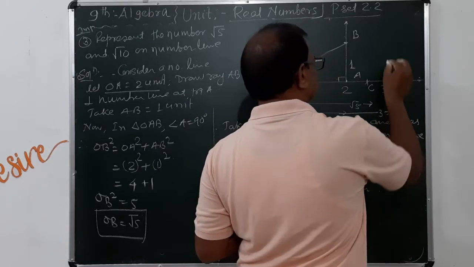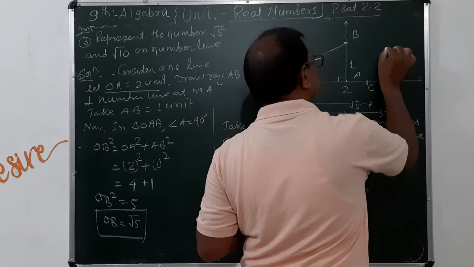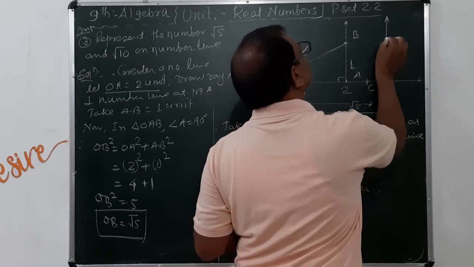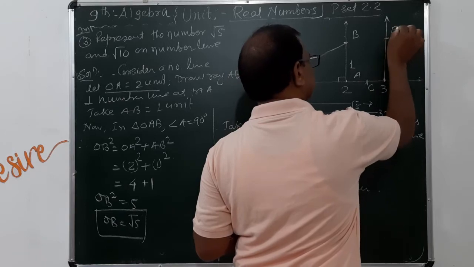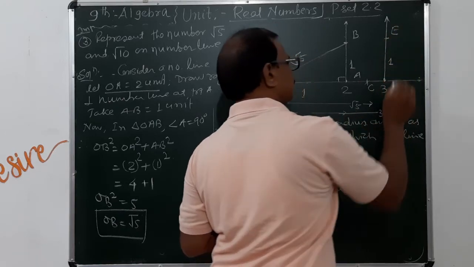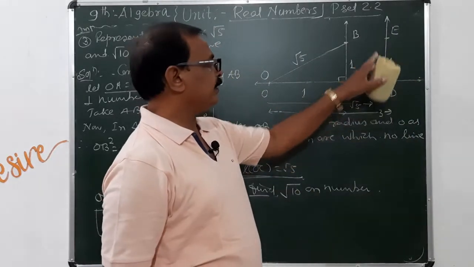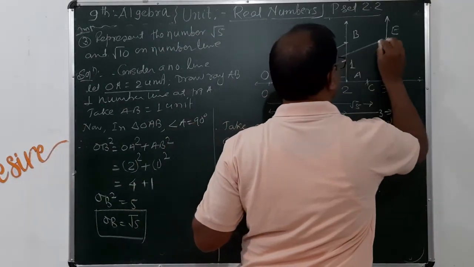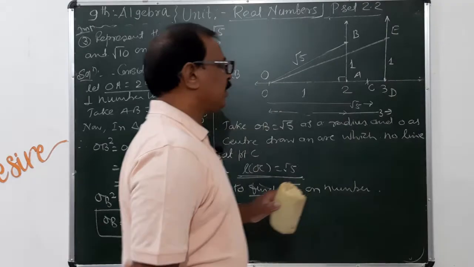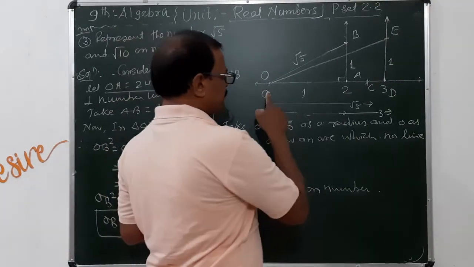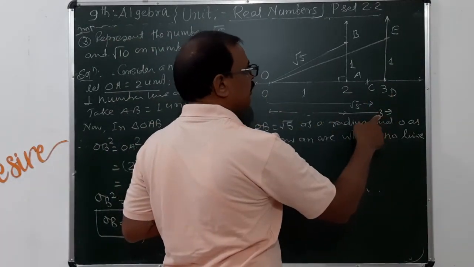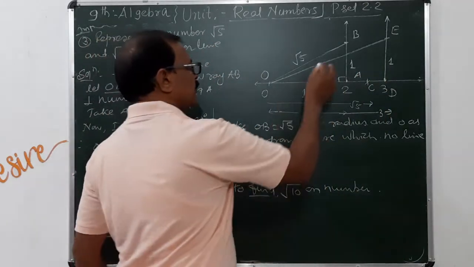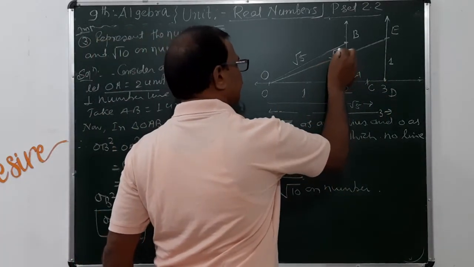Again you have to draw a perpendicular ray at point D. Take a point E here such that DE is also 1 unit, and then join OE. Since OD is 3 units and DE is 1 unit, you can apply the Pythagoras theorem and you will get OE equal to root 10.